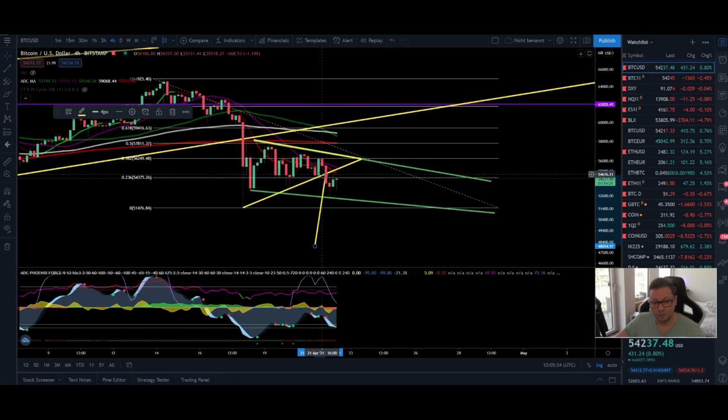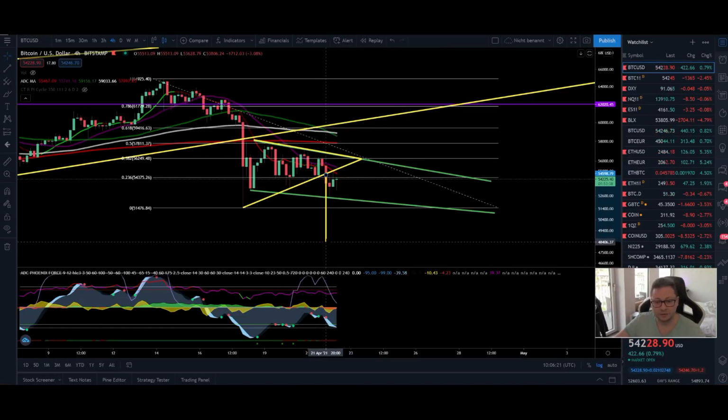Since we are now breaking out to the downside and it looks like we are also confirming this new resistance here at $55,000, the likelihood of seeing a big fall towards the target of around $48,000 is very high. And this 48 to 49k is a very important price level, and I'm gonna show you why that is with the Pi cycle indicator and also what happened in 2013. So the potential target is here at around $48,000.